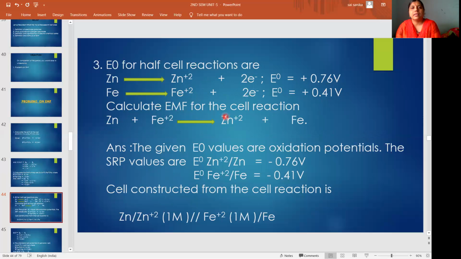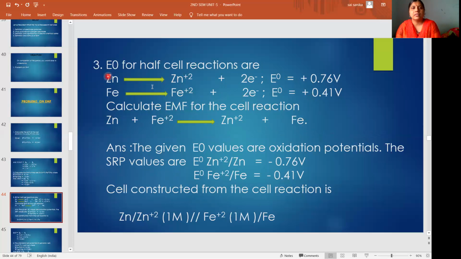Calculate the EMF for the cell reaction Zn plus Fe2+ gives rise to Zn2+ plus Fe. So the half cell reactions are given, the overall reaction is also given, and the potentials are given, and he asked to calculate the EMF of the cell.